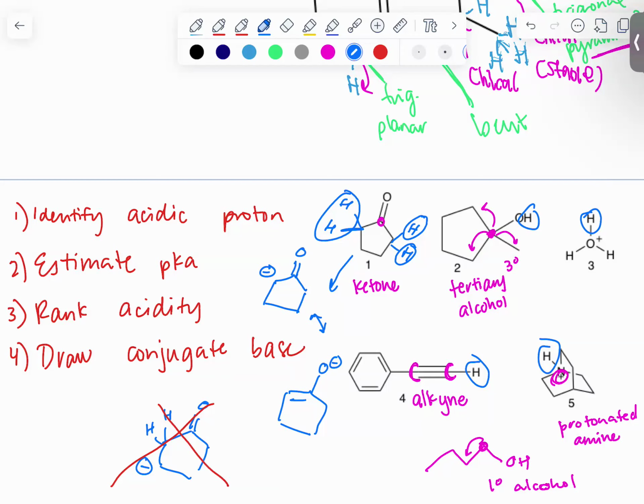How do we feel about the other ones? The tertiary alcohol? Because it is a tertiary amine that is protonated. So a protonated amine just means that it has a positive charge, like it has one extra proton than it should. So with nitrogen, that'll always be N+.